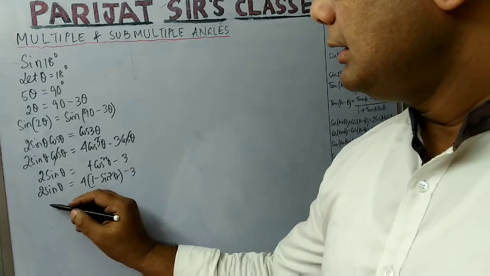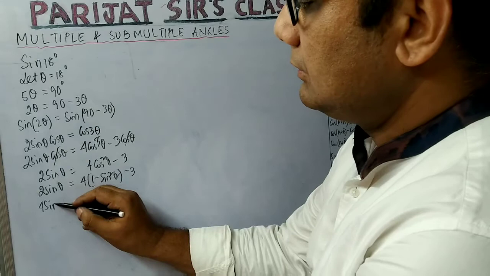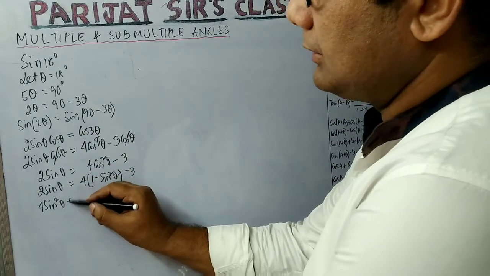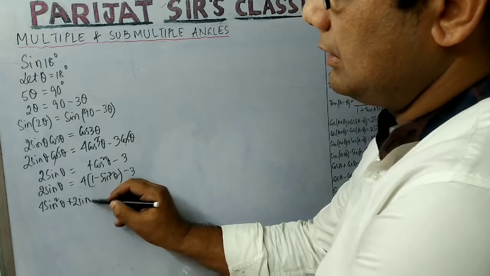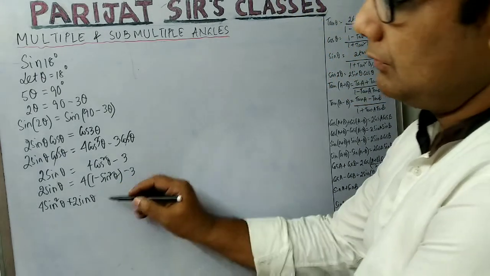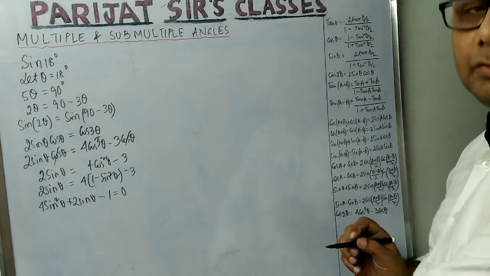So converting it into a quadratic equation, it's 4 sine square theta plus 2 sine theta minus 1 equal to 0.